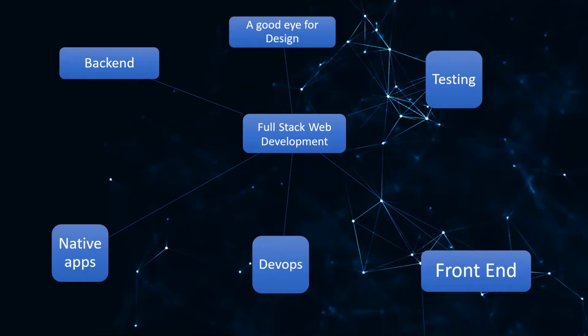Writing a good unit test is a sign of becoming a good developer. So let's jump right into the sheet where we'll be discussing everything to become a full stack web developer in detail.